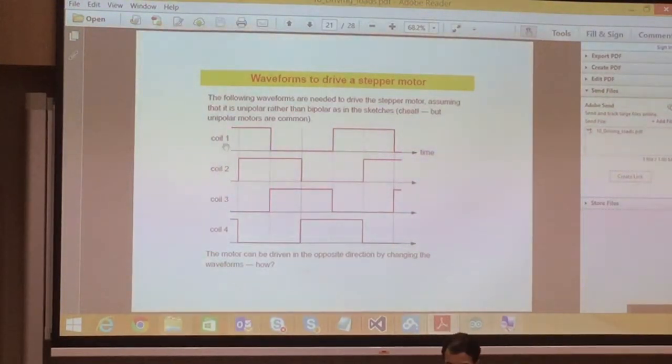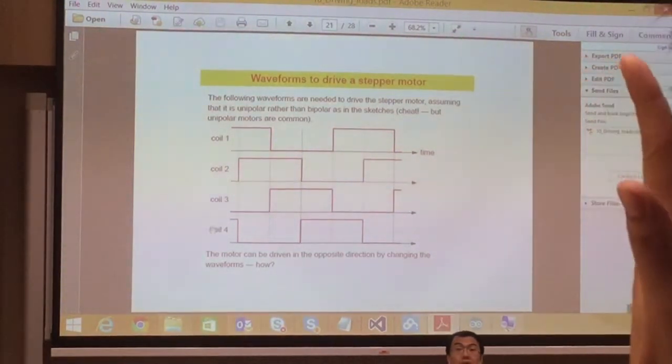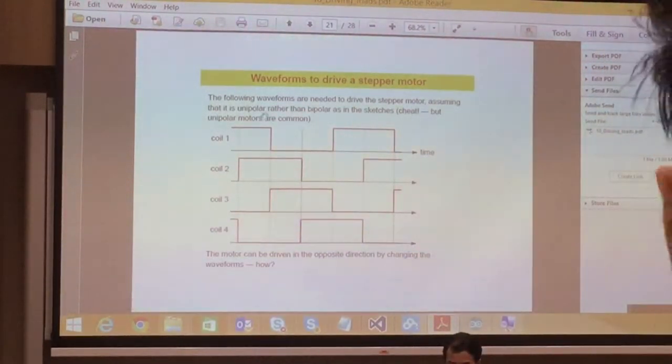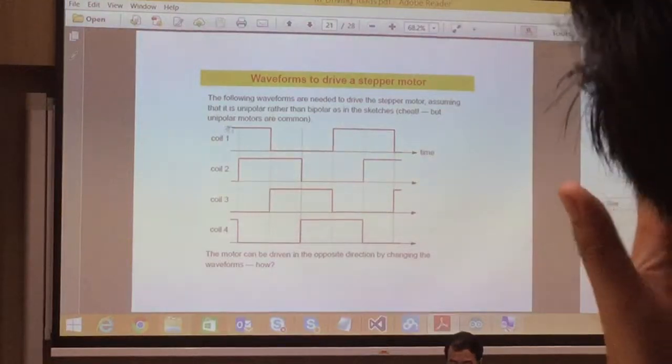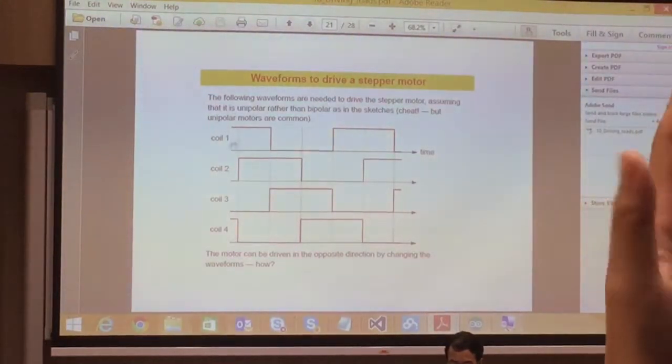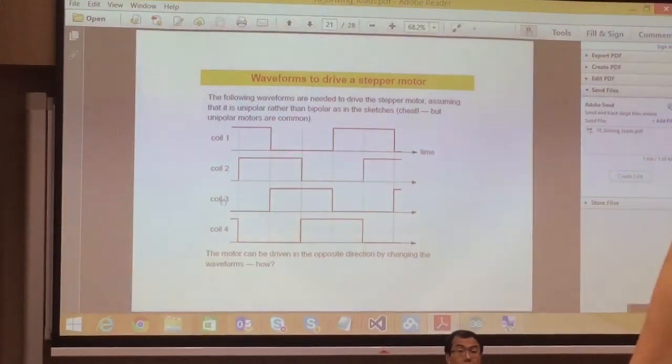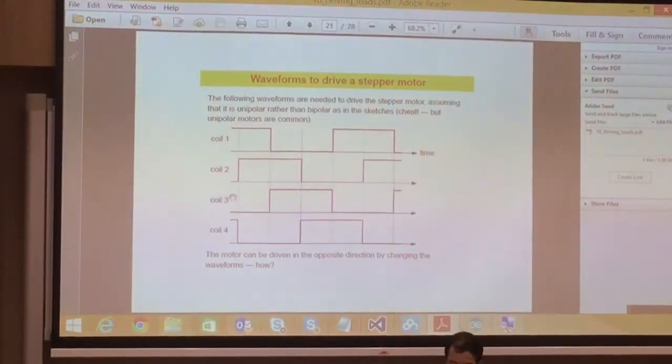These 4 outputs connect to different coils. By writing the correct code, you generate the corresponding waveforms from the different outputs, and now you can control your motor movement. Do you agree?